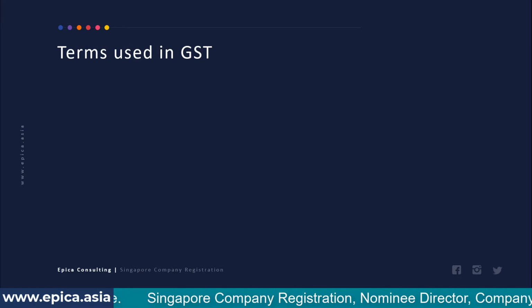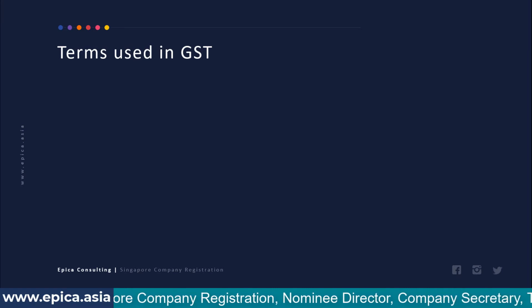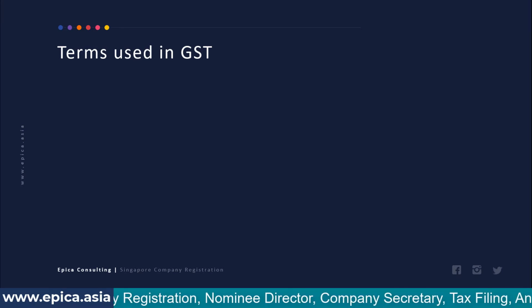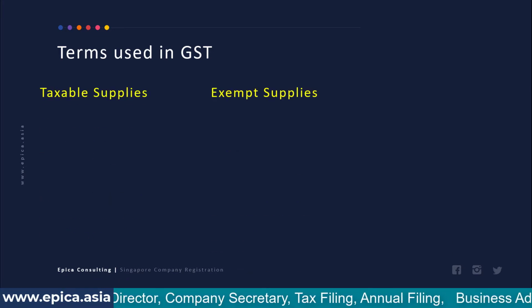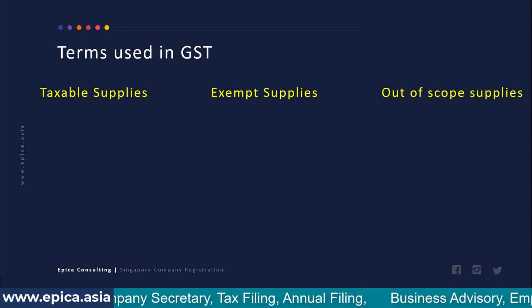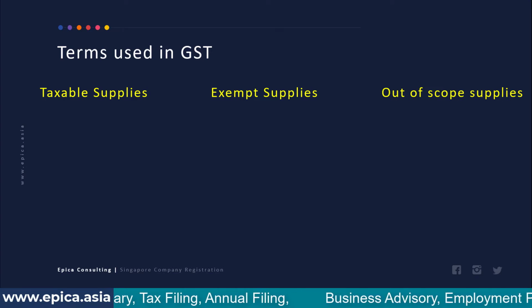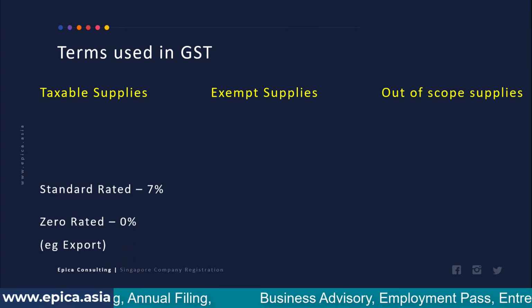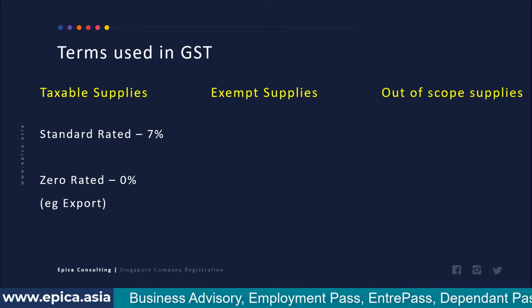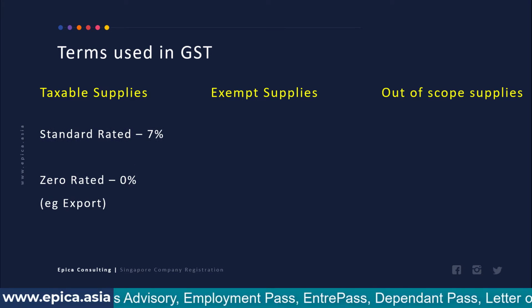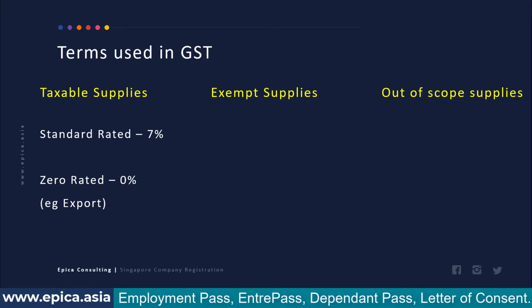When it comes to GST accounting for supplies, there are three distinct terms used. The first is taxable supplies, the next is exempt supplies, and the last is out of scope supplies. Taxable supplies are further divided into standard rated supplies, at 7%, and zero rated supplies, at 0%.